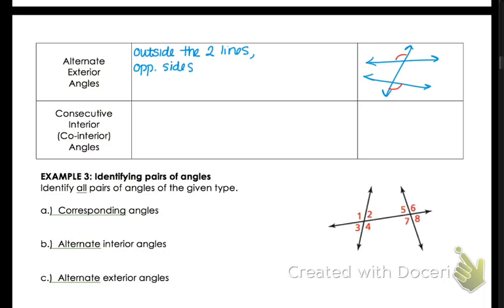Then the last pair that we look at are consecutive interior angles, which you'll often hear me refer to as co-interior angles. Some people also call them same-side interior angles, and that's really the point. The co-interior means that they are between the lines, but instead of alternating sides, they're on the same side of the transversal.